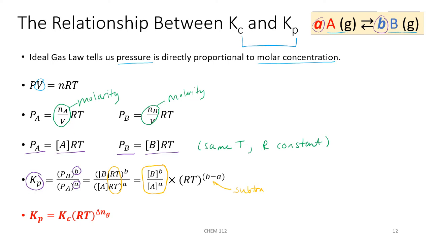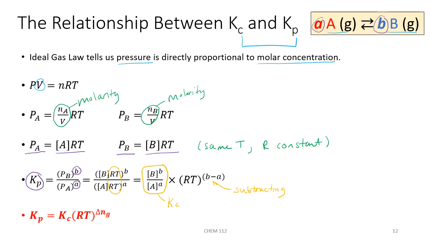That's a rule of exponents. So this derives essentially a link between K sub P and K sub C because this term right here is equal to K sub C. That's just our molar concentrations. And then they're factored by one another to this RT term raised to the b minus a.